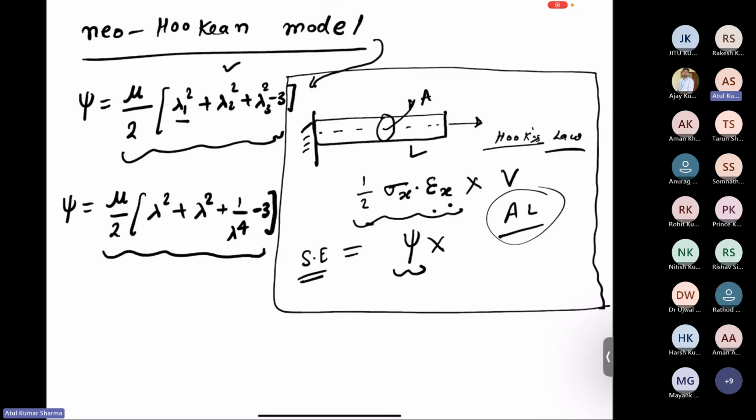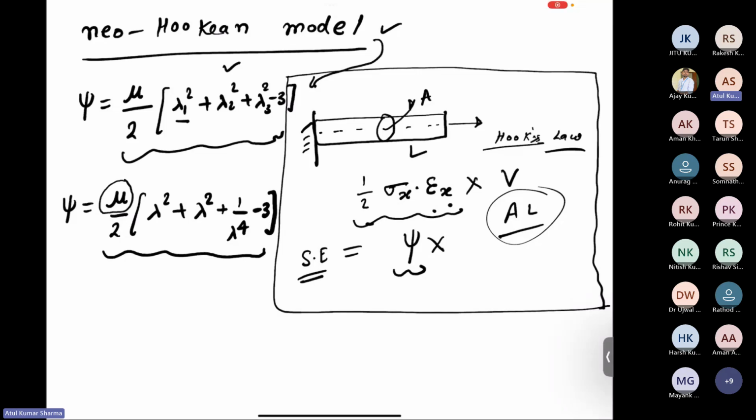And mu is again a material parameter, the shear modulus. You can search for the Neo-Hookean model and find this expression anywhere.